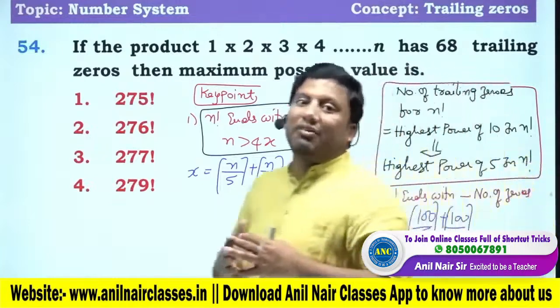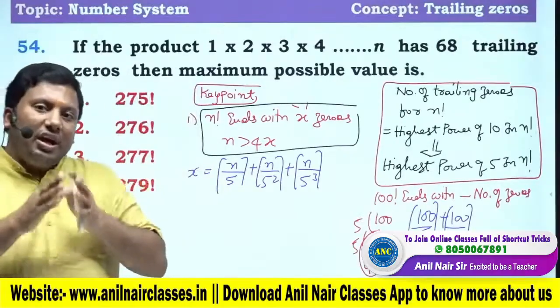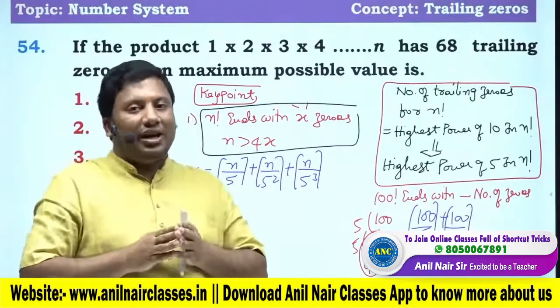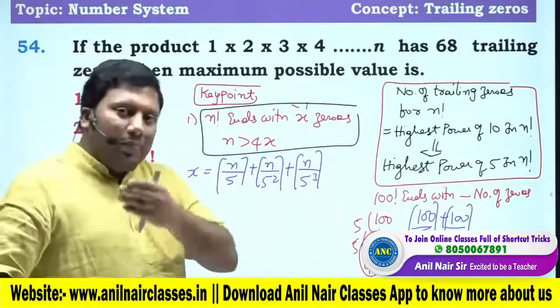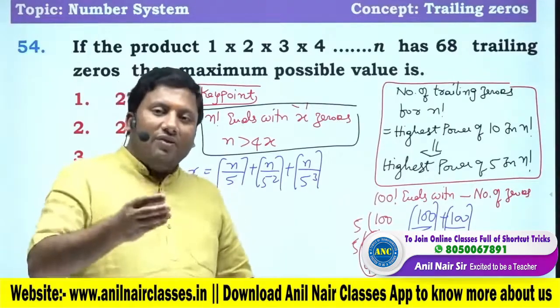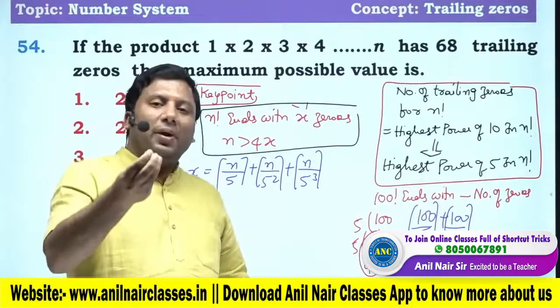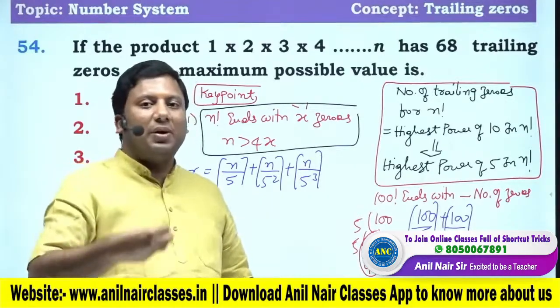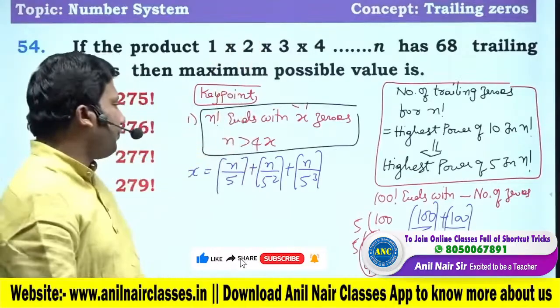Why? Because for factorial problems, the number of zeros at the end depends on the power of 10, and the power of 10 depends on the power of 5. Because when you write the product of natural numbers, 5 will come in the 5th place and 10th place, while 2 will come in the 2nd, 4th, 6th, 8th, 10th place. The power of 2 will be greater than the power of 5.